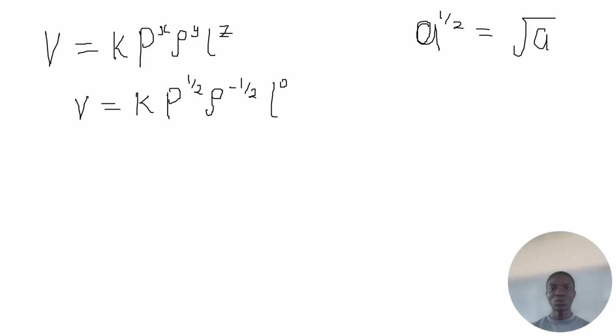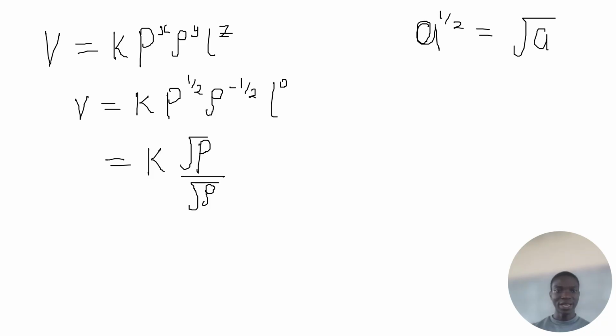Okay, so if we apply that here, then this will be equal to k. Now this is square root of this, all right, over square root of rho. Okay, and because that's minus, it comes down, and this is just 1. L raised to power 0 is 1.